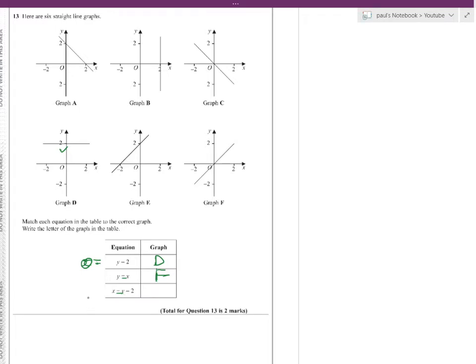If y equals 2, then x equals 0. If y equals 0, then x equals minus 2. I don't think that is an equal sign. Could be. If y equals 0, 0 minus 2.